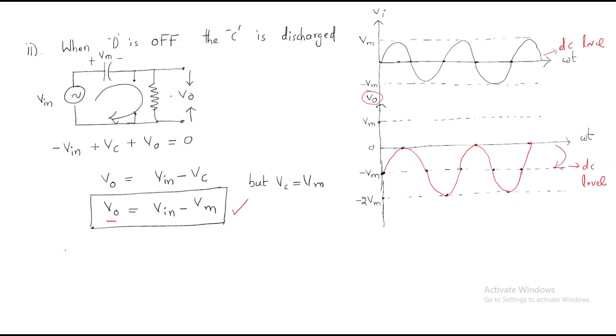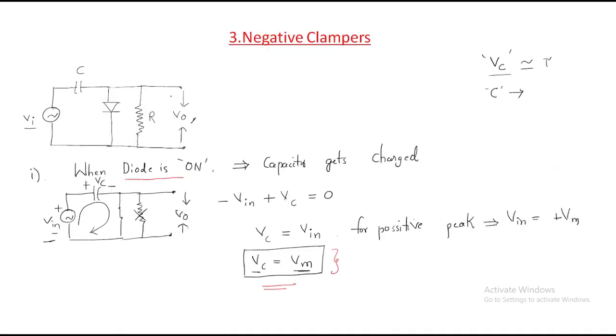Whenever you have any doubts on this topic, look at the first positive clamper, analyze how the capacitor is charging and discharging, and apply the same principle to all the remaining clampers. Then you will understand clampers very easily. Okay, thank you.